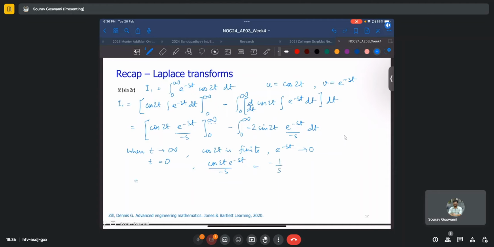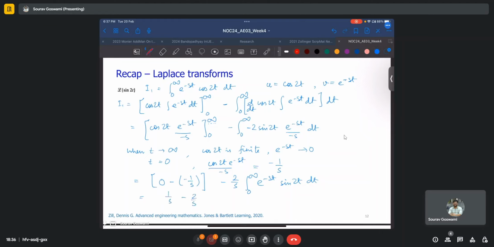So the first term here will become 0 minus 1 by s. And the second term is minus 2 by s times the integral 0 to infinity e power minus st sine 2t dt. And so this is 1 by s minus 2 by s times the integral.